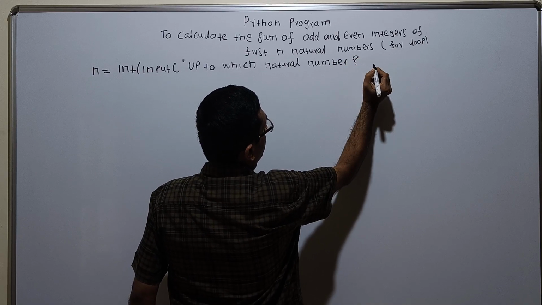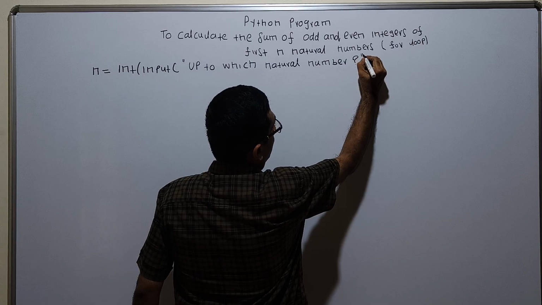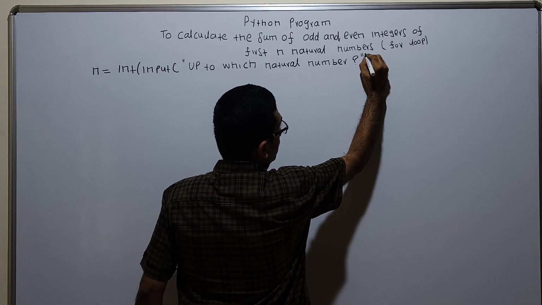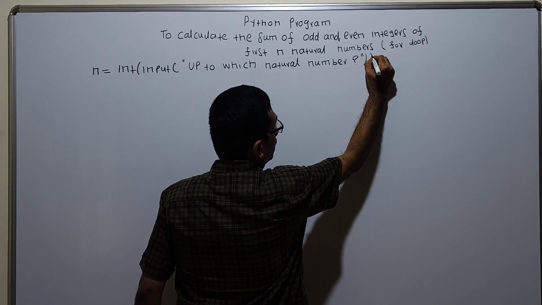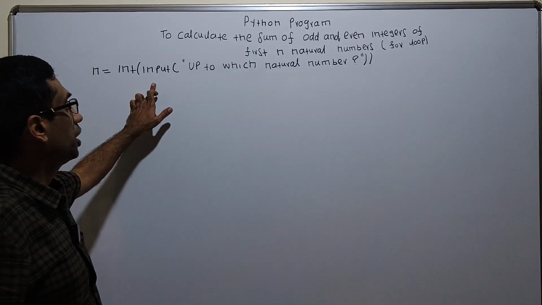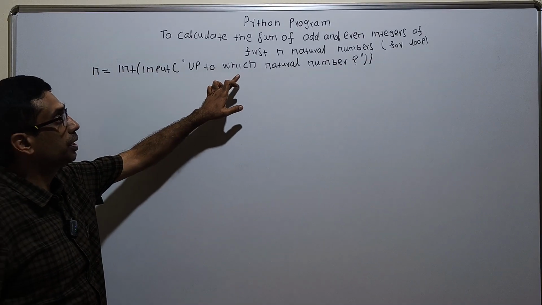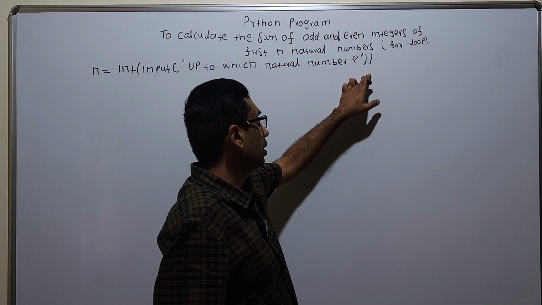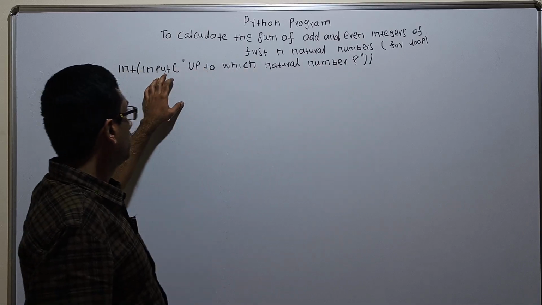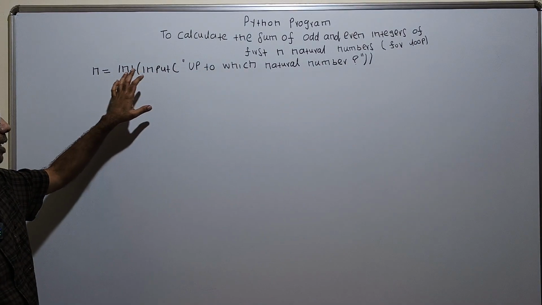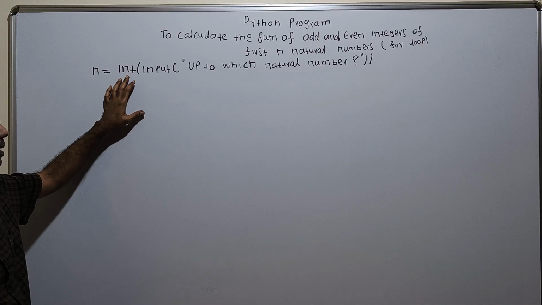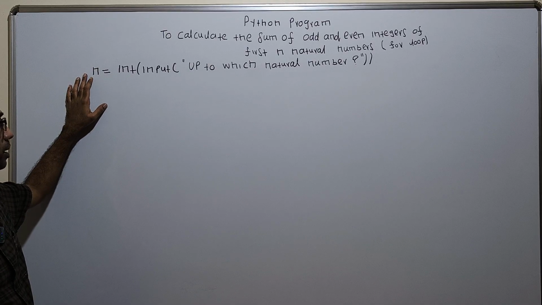I am closing the double quotation, closing the input statement and closing the int function. The input statement displays the string "up to which natural number" in the user console, and when the user enters a value, it receives it as a string, and the int function converts the string to an integer and stores it in the variable n.